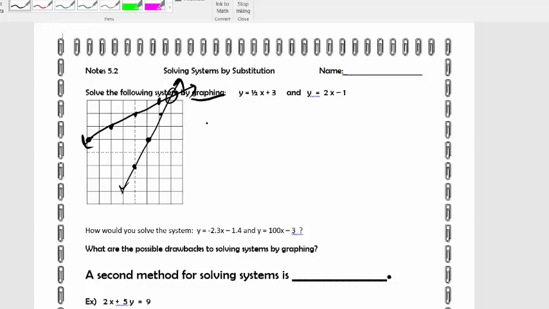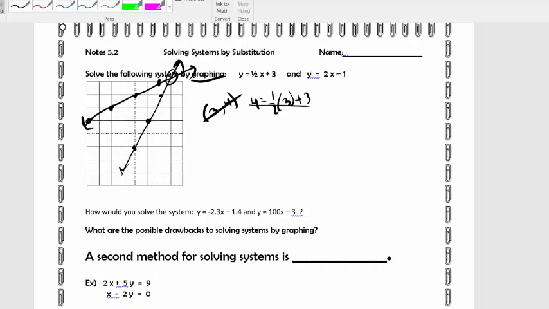It looks like 3, 4 might be where they intersect, but if you put this into the first equation, 1/2 times 3 plus 3 will not get us 4. So they intersect somewhere, but it's not at 3, 4. It's really hard to tell. So in this case, graphing probably isn't our best friend.